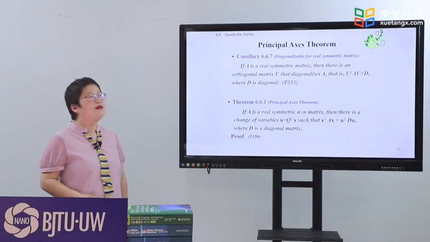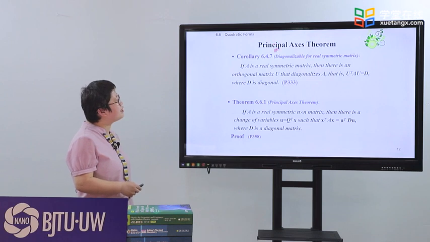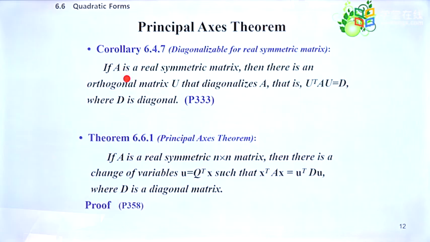Now we have the principal axis theorem, corollary 6.4.7. This is diagonalizability for a real symmetric matrix. If A is a real symmetric matrix, then there is an orthogonal matrix U that diagonalizes A, that is, U transpose times A times U equals the diagonal matrix D, where D is diagonal and U is an orthogonal matrix.